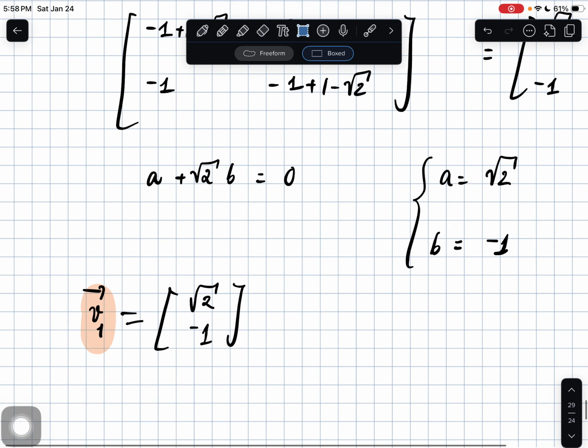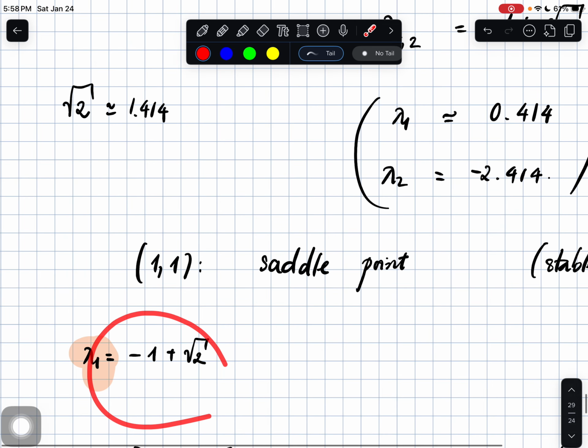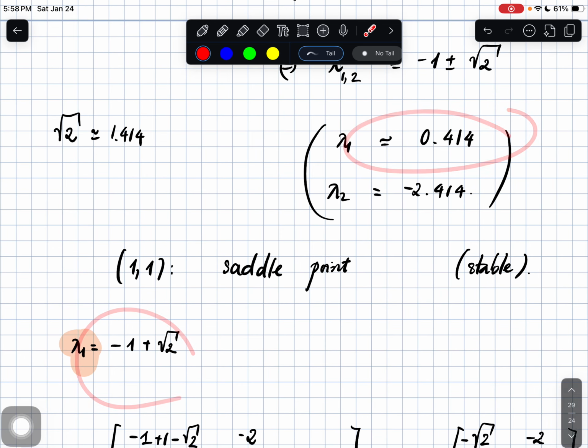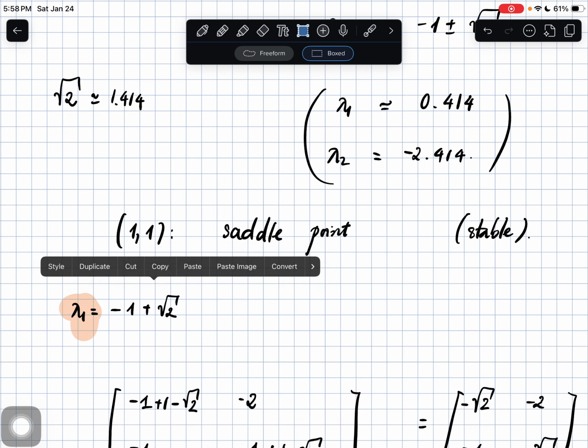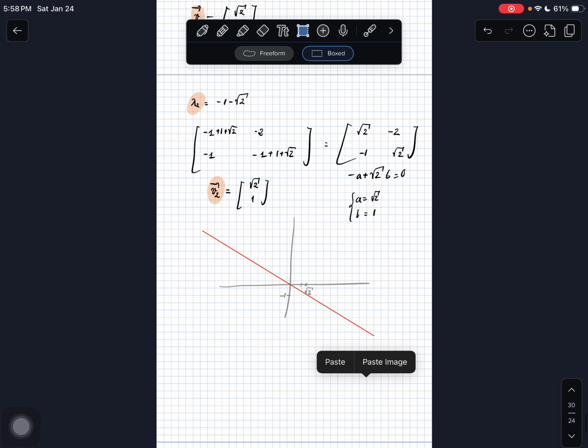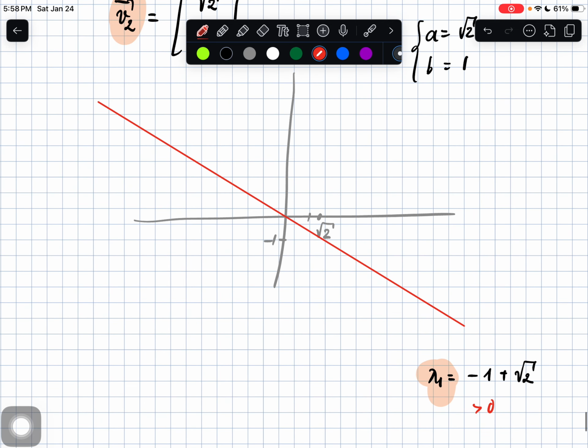Lambda 1 is approximately 0.4. In particular, this is positive, it goes off to infinity.